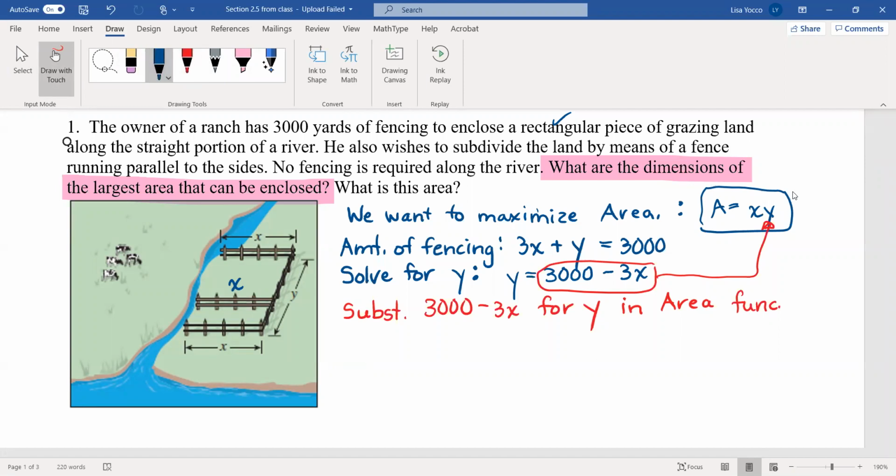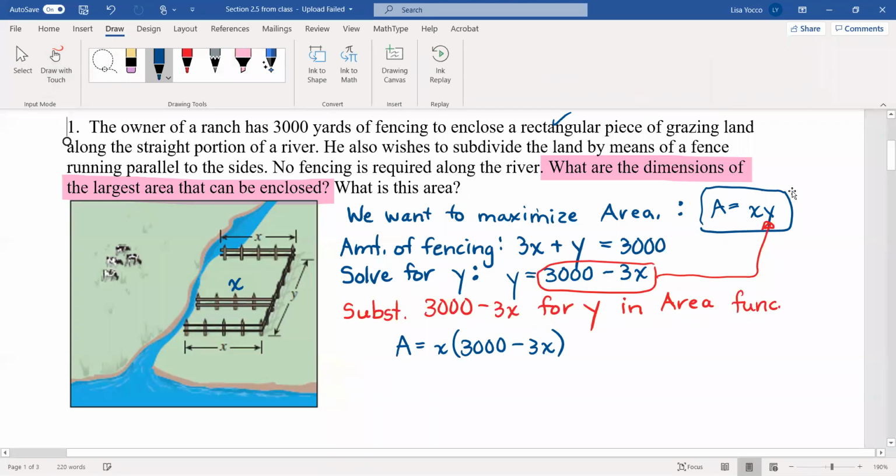Okay, so the area is x times y, but instead of y, I'm putting 3,000 minus 3x. And let's go ahead and remove the parentheses, make it easier to deal with. So it's 3,000x minus 3x squared. That's the function that we want to maximize.